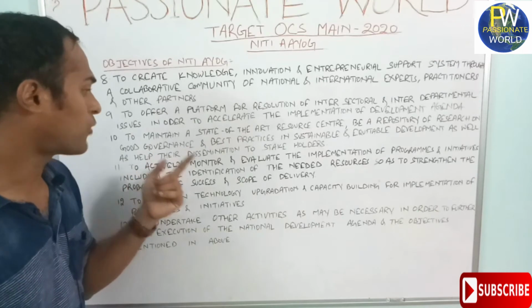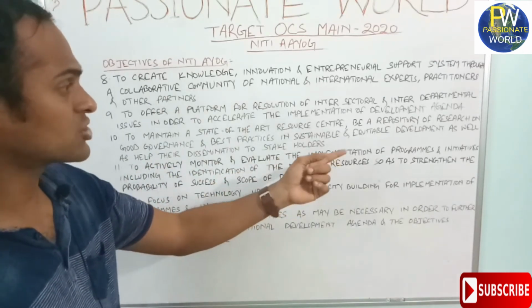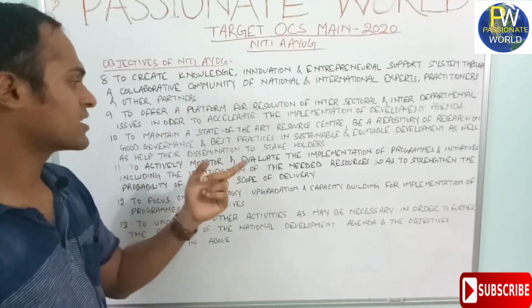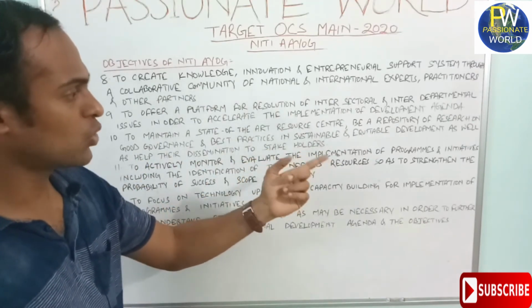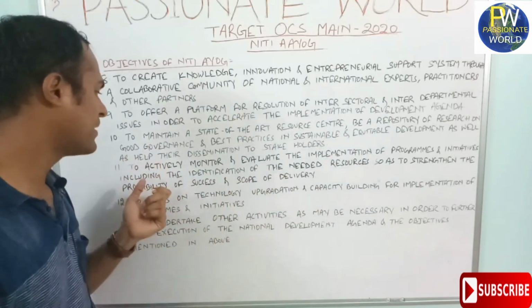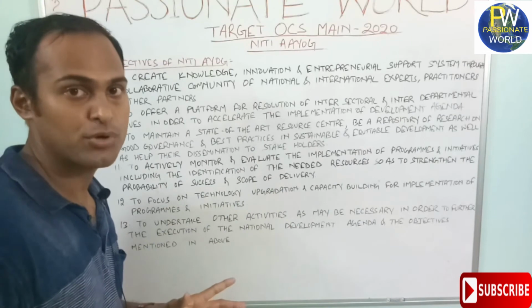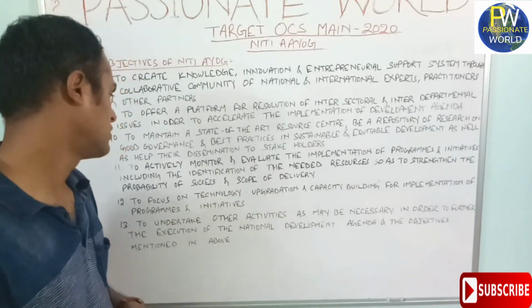Then, to actively monitor and evaluate the implementation of programs and initiatives, including the identification of needed resources so as to strengthen the probability of success and scope of delivery. Another important aspect of NITI Aayog.